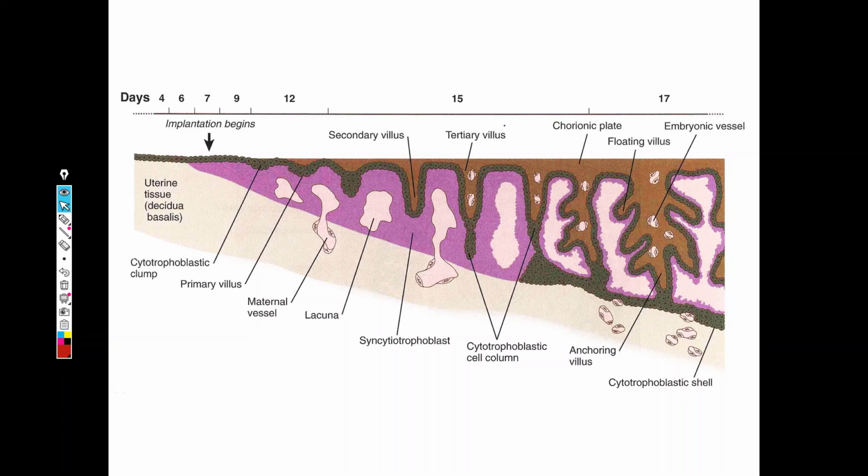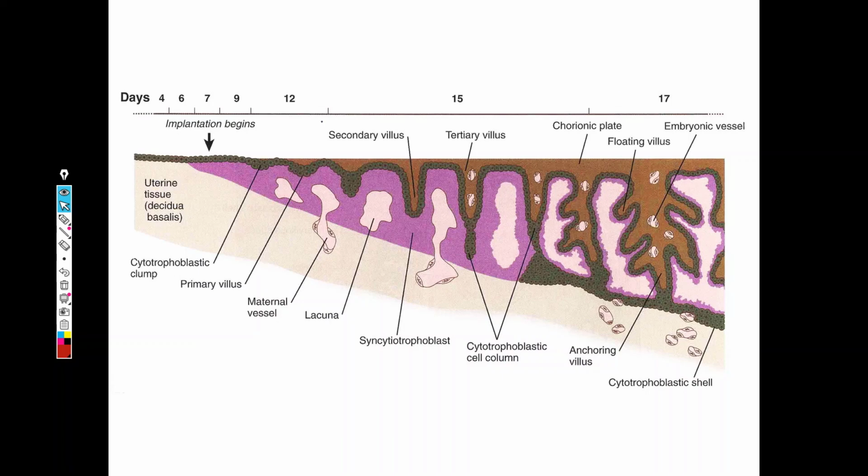So gradually we reach the development of the placenta on the side of the chorion frondosum, and this image over here combines a timeline, and at the same time as the chorion grows, the individual villi will change.